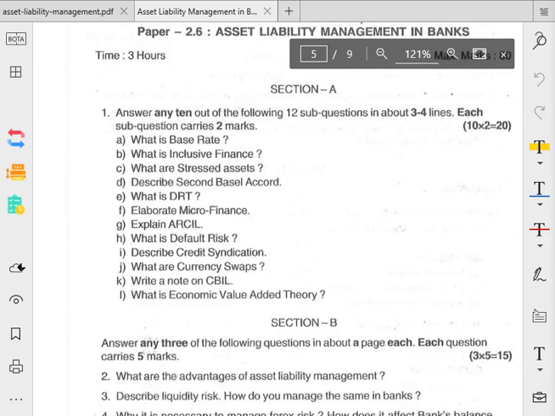Next one, explain ARCIL. ARCIL means Asset Reconstruction Company of India Limited, which is promoted by ICICI, IDBI and State Bank of India.